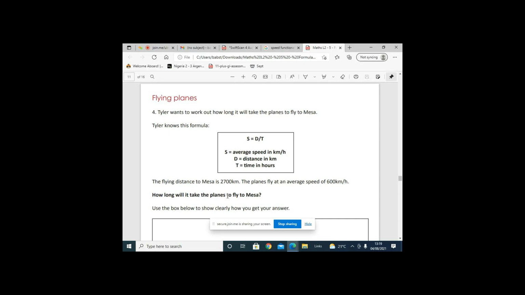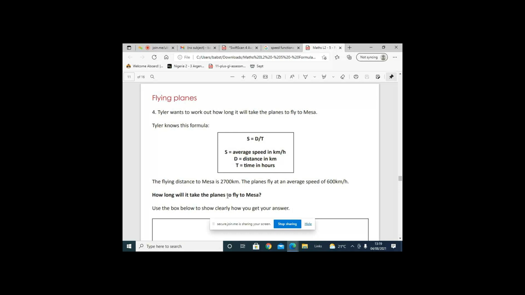Yes. So the distance is 2,700 kilometers and the speed is 600 kilometers per hour. So the speed is distance per time. So that means it's 2,700 divided by 600. They want you to find the time.